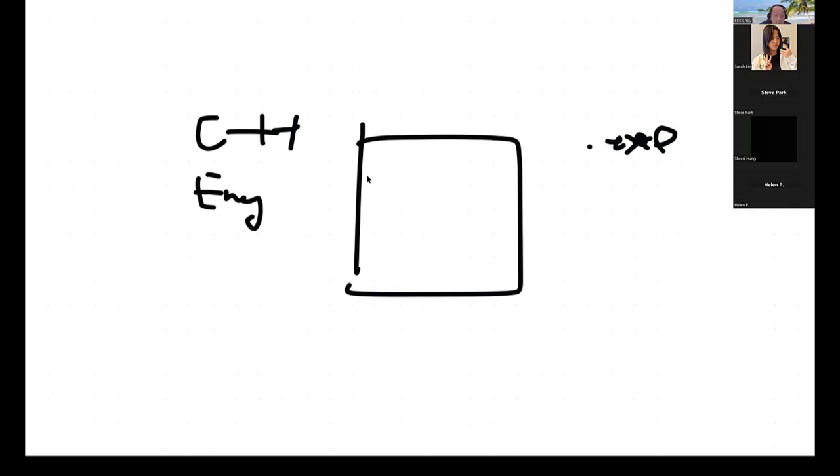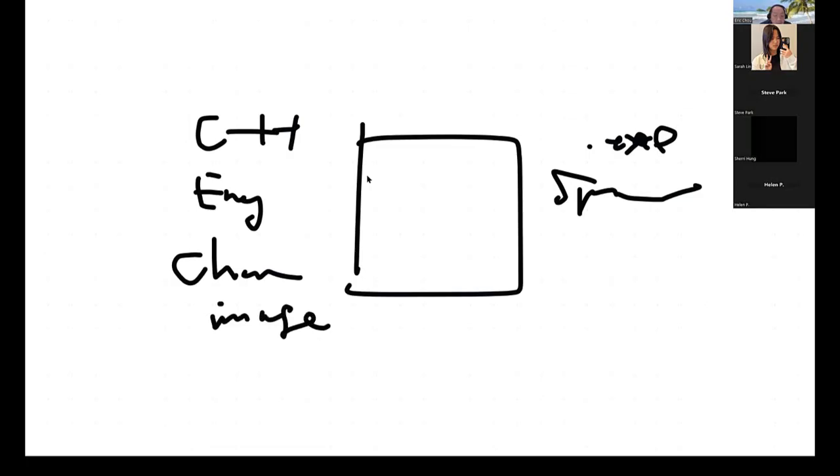That's one purpose. We do have character images, scanning images translated to English. This we call OCR, optical character recognition. OCR.